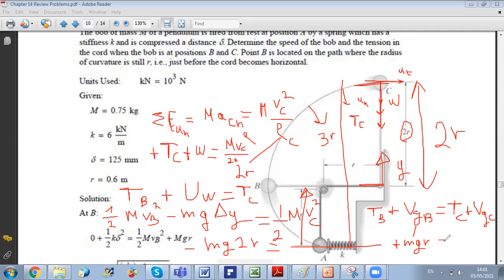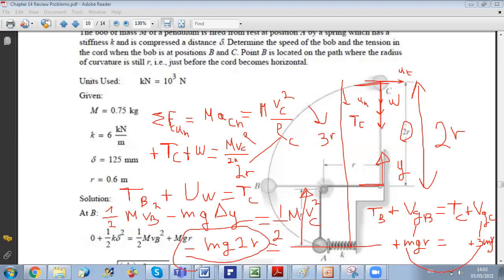So this is equal to TC plus 3mgr. Now just take this term to the other side. You will get mgr minus 3mgr, so you go back to minus mg times 2r. So both methods, of course, give you the same result.